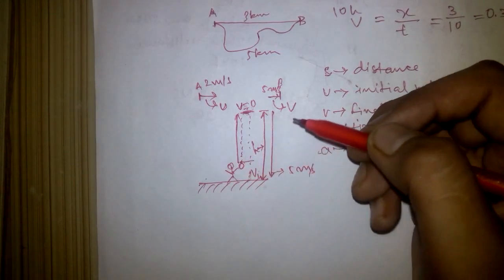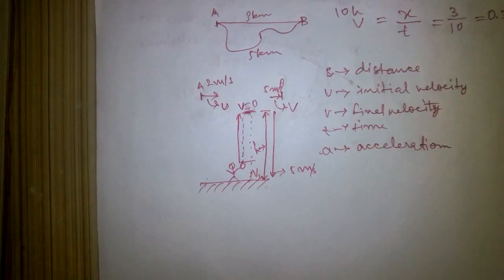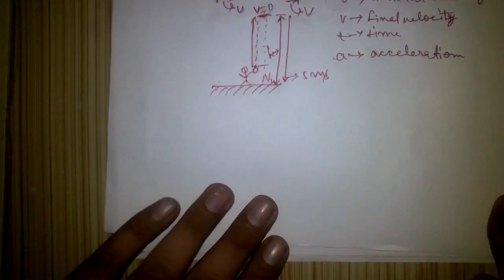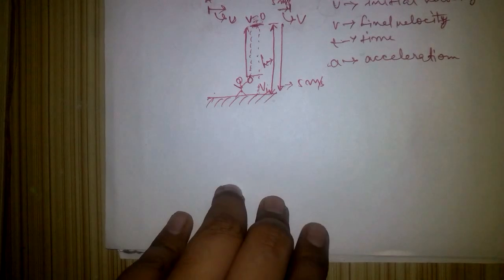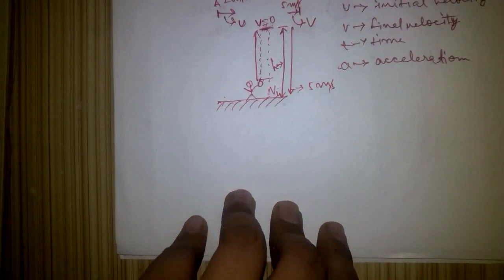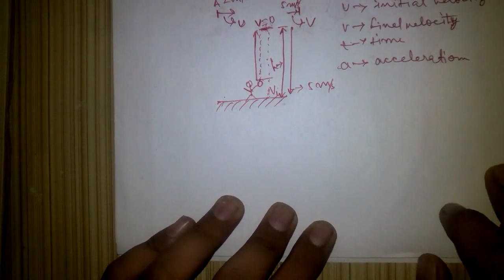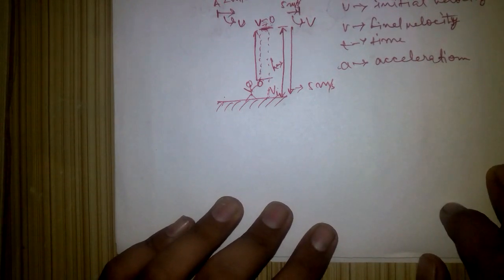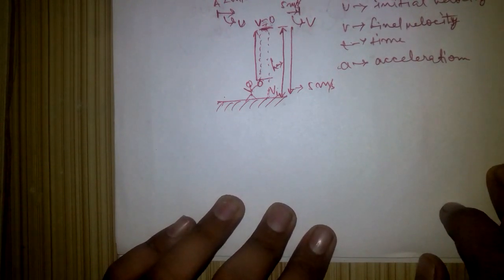Now let's start something about acceleration. What is acceleration? Acceleration is the rate of change of velocity. Now I forgot to tell you that speed is a scalar quantity and velocity is a vector quantity.